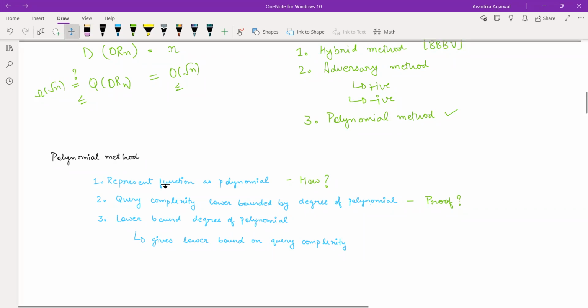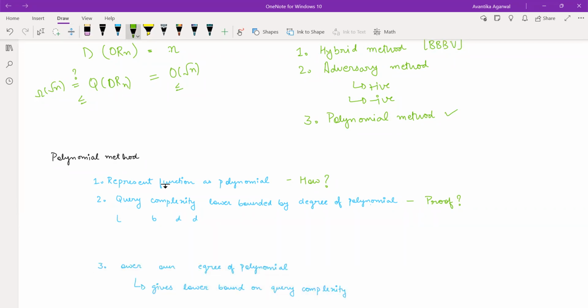So I'm going to prove that if we want to compute some function f, then the query complexity of this function is lower bounded by the degree of some polynomial p.